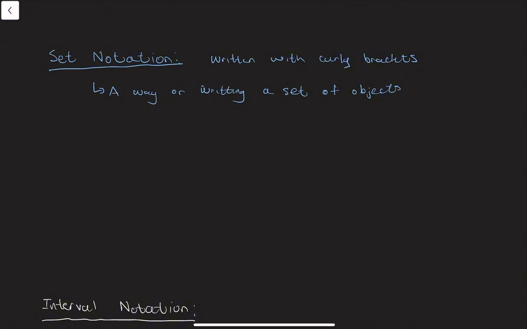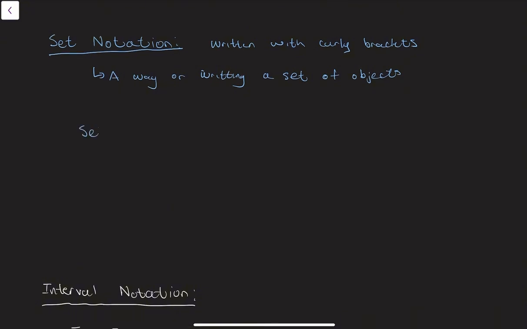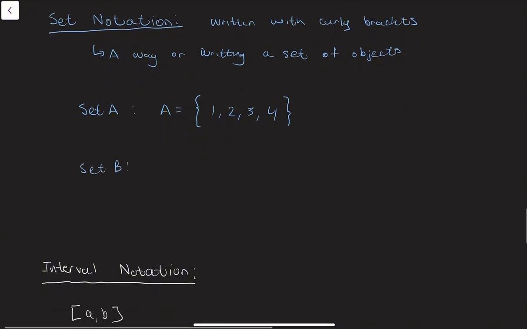They can be anything. So for example, let's call the set A. That could be, this is what I mean by a curly bracket, 1, 2, 3, 4. Let's say the set B is the set of best soccer teams in the world, for instance, Arsenal, Man City, Real Madrid. So they don't have to be numbers. It can be anything.